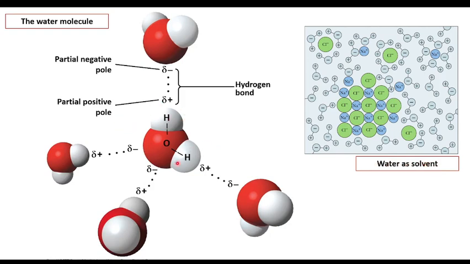Aside from that, this water molecule here is also attracted to its fellow water molecule because of the poles. So this hydrogen atom here, being partially positive, is attracted to another water molecule's partial negative pole, or this oxygen pole here, and this attraction forms a hydrogen bond, which is very important in conferring certain properties of water that make it conducive to life.